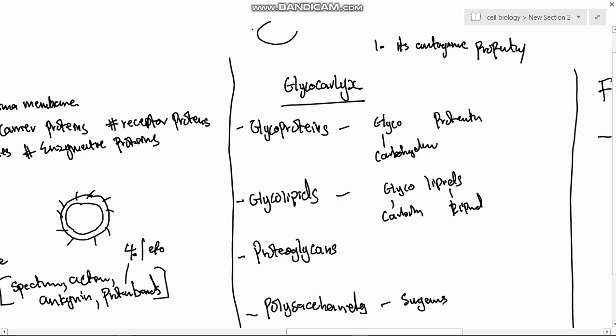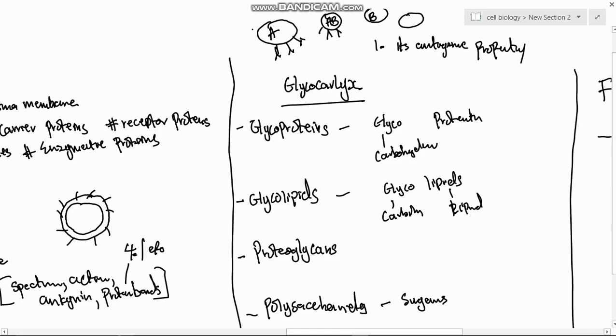So for instance, we have a specific glycocalyx that allows the immune system to identify a specific blood group as type A. We have some that identify the cell to be type B, and some type AB.